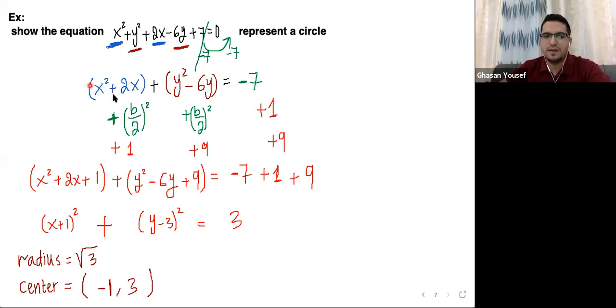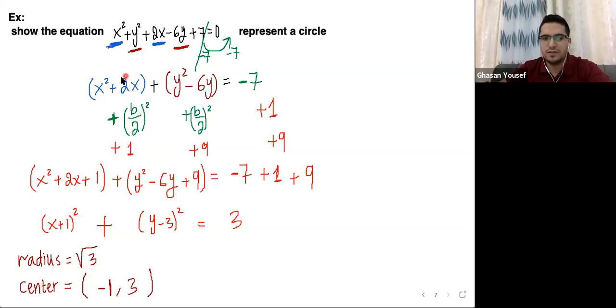Now the next step is to complete the square. So to complete the square of this parentheses, I should add (b over 2) everything squared. My b here is 2. 2 over 2 is 1. 1 squared is 1.